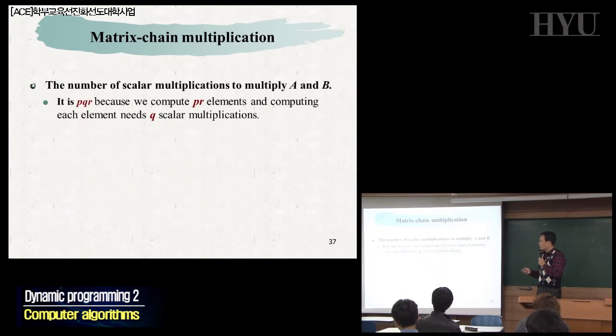And another thing: the number of scalar multiplications to multiply A and B is PQR. Why?